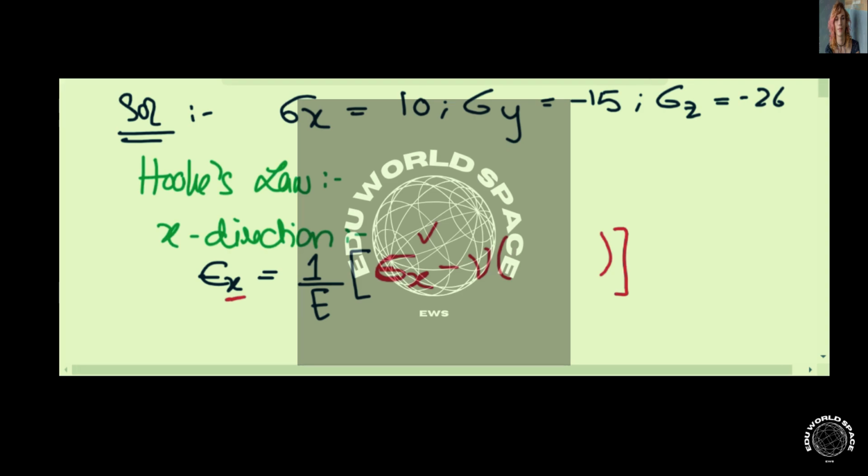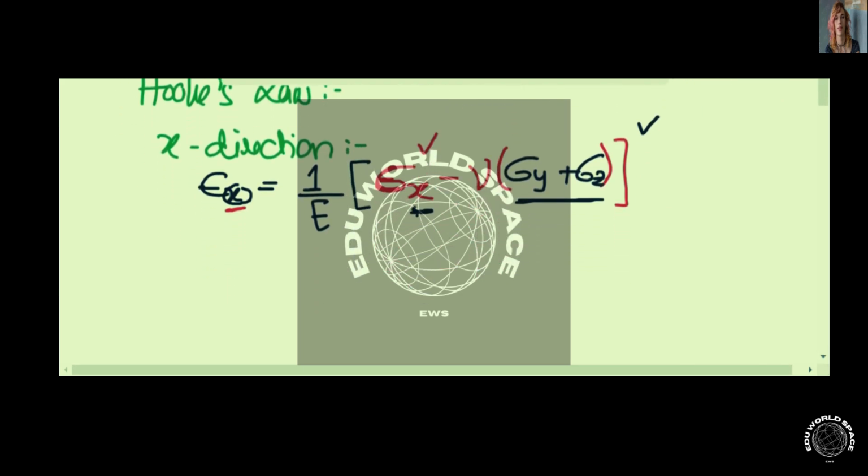Since we are doing it for the x direction, the stress for the x direction is at the start of the square bracket, and the rest of the stresses will be inside the parenthesis. So over here we will have stress for the y direction plus stress for the z direction. It's very simple. Now that the procedure for making these equations is out of the way, we can jump to solving this question.